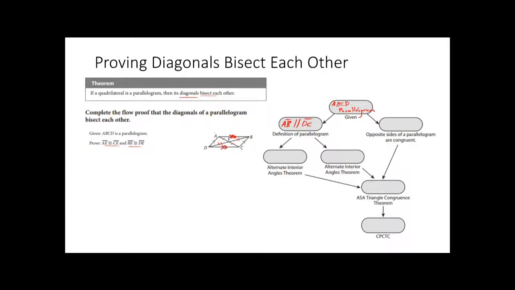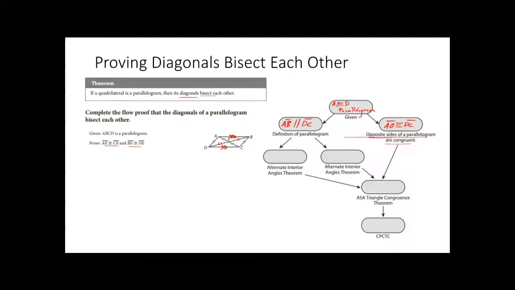They mark them with the parallel symbols, which is very nice of them. Okay, and then if you notice here, we have AB has to be congruent to DC. And the reason I'm saying that is because opposite sides of parallelograms are congruent, and we already did the proof for that.